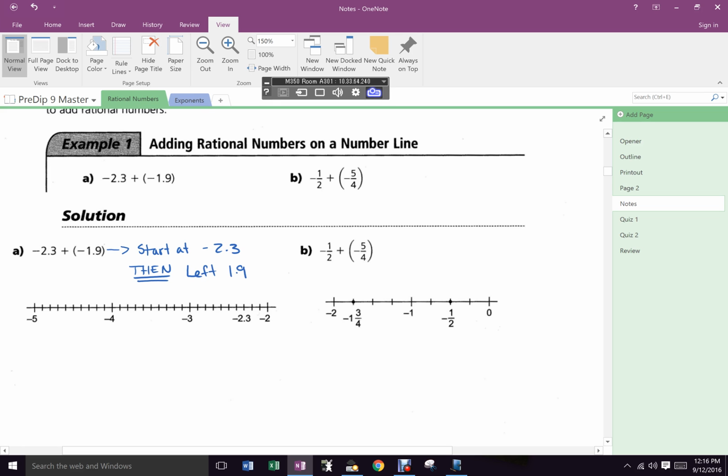Then I go left again, how far? 1.9. Now, the problem is, every number line can be divided differently, yes? And every number line, even though it's divided into parts, can be used for any adding and subtracting as long as you know how numbers work, right? That's the problem.